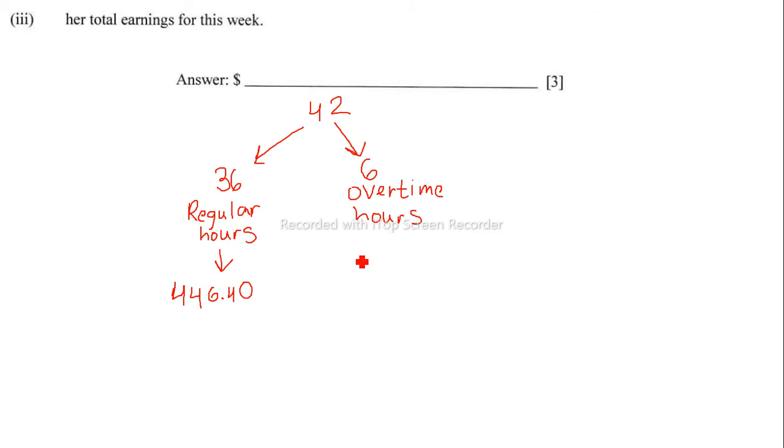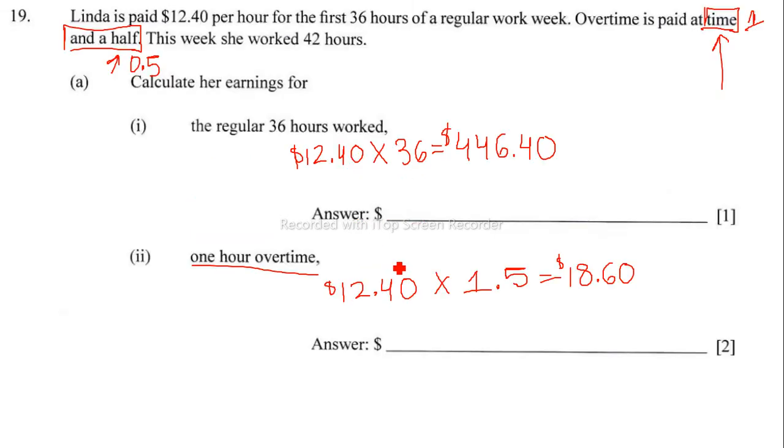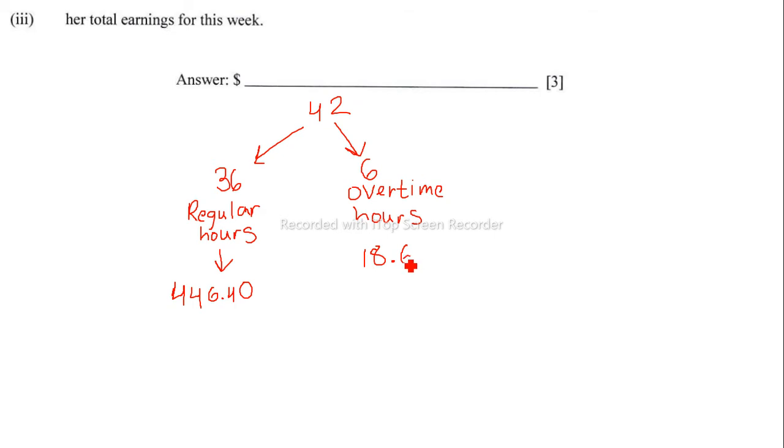We know $18.60, that's going to be $18.60 times what? Times 6. Very good. Multiplied by 6, because she worked 6 hours overtime. It's going to be $18.60 multiplied by 6.